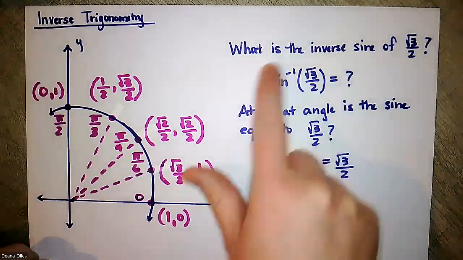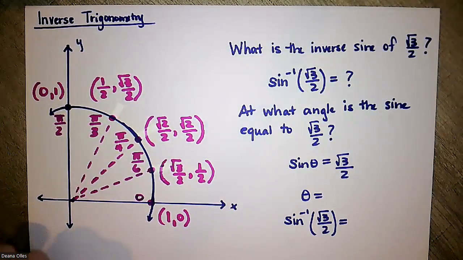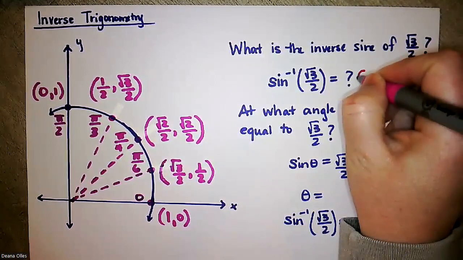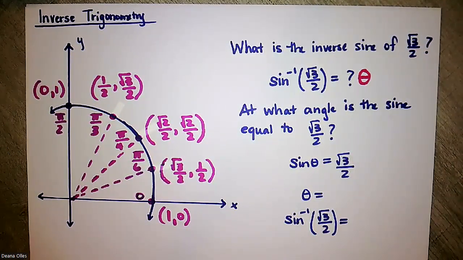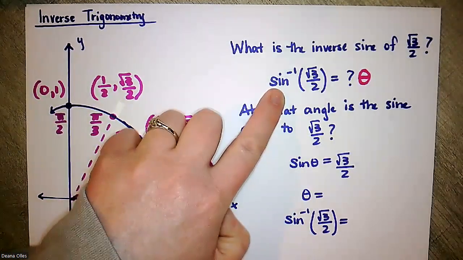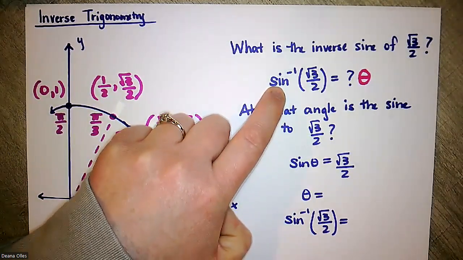Basically, what this is asking for is the inverse sine of radical 3/2, which is an angle. I'm going to call it theta. The inverse trigonometric evaluation of a ratio is an angle. These are angular measures.